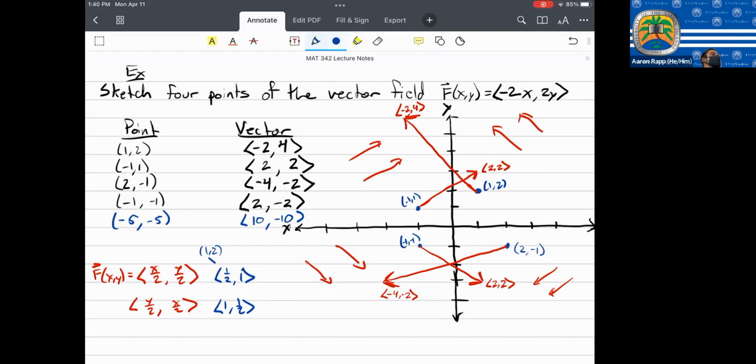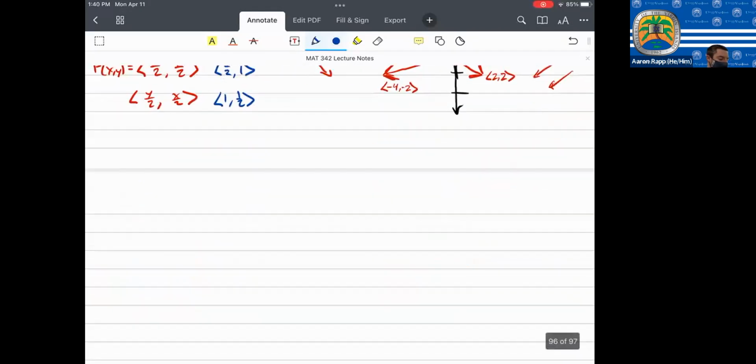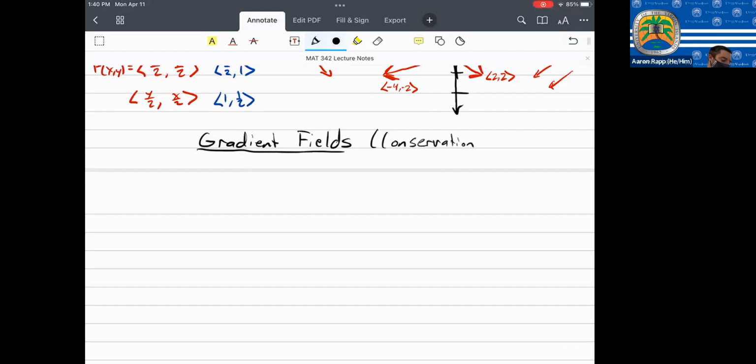So one of the reasons in calculus we study vector fields, and one of the reasons why we care about vector fields in general, is because of something called gradient fields. And depending on what area of physics or mechanics you're working in, sometimes these are also referred to as conservative fields.